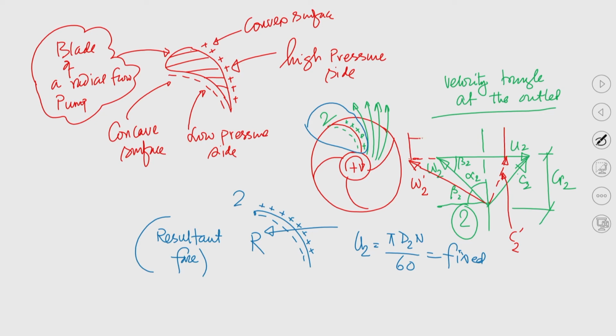U2 will remain the same, because D2 is fixed and N is fixed, but because of this resultant force, the absolute velocity component and the relative velocity component at the outlet will shift from their original position to the new position. I think you have understood.